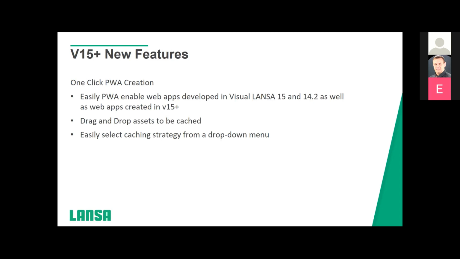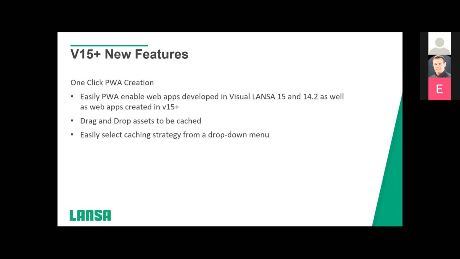You're going to go to offline support, click a drop-down, and it's going to say web app manifest and service worker. You click that, and now your web app is PWA ready, right? It's that simple to create a progressive web app.